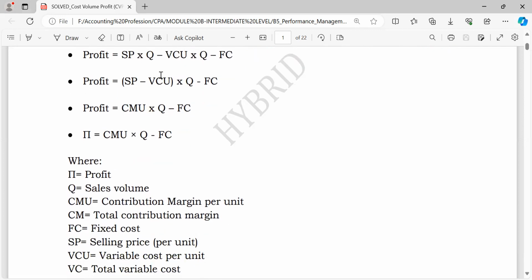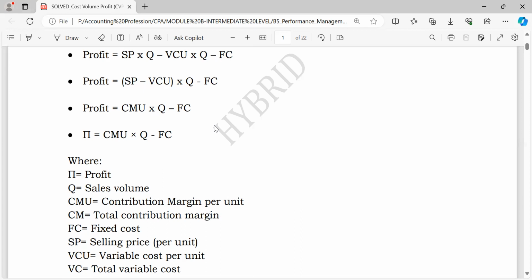Why do we call it contribution? When you just start the business, you will have to incur some fixed costs, regardless of whether you have produced something or not, regardless of whether you're earning something or not, right? So what we mean by contribution is the excess of the earnings you generate over the variable cost you incur each time you make a product or you sell a product. So contribution is simply the extra earnings that are geared towards covering fixed costs and thereby covering the losses and ultimately earning the profit.